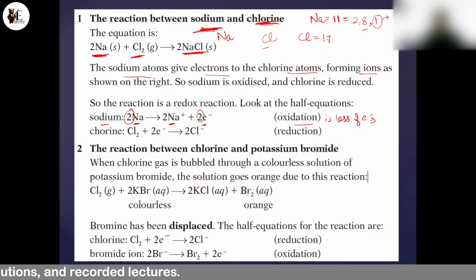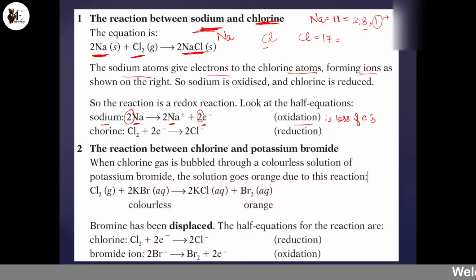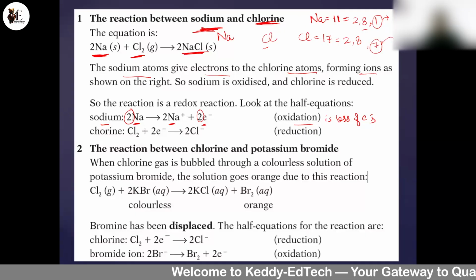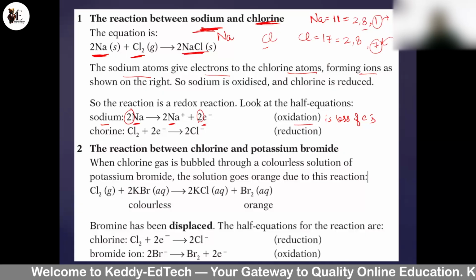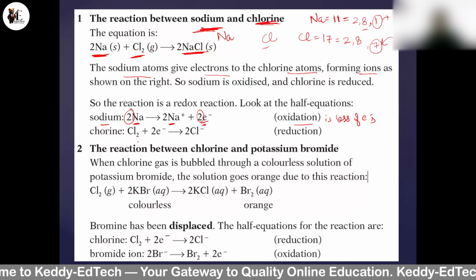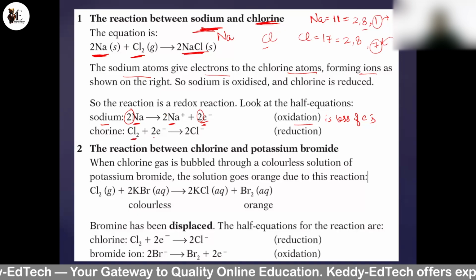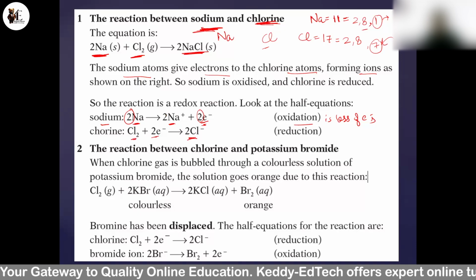And reduction is chlorine. The atomic number is 17. And what is the electronic configuration? 2,8,7. That means chlorine is gaining this one electron. So two sodium atoms are losing 2 electrons, and 2 chlorine atoms will gain 2 electrons to form 2Cl minus.